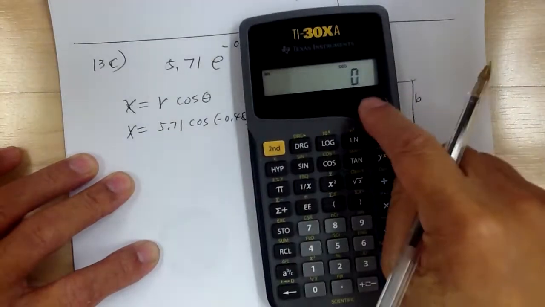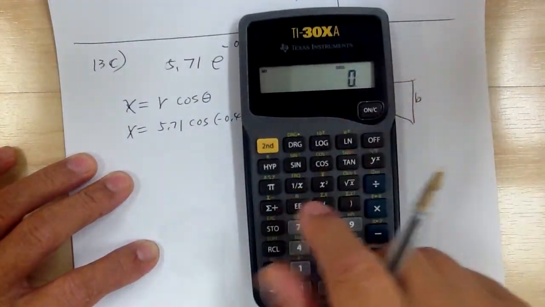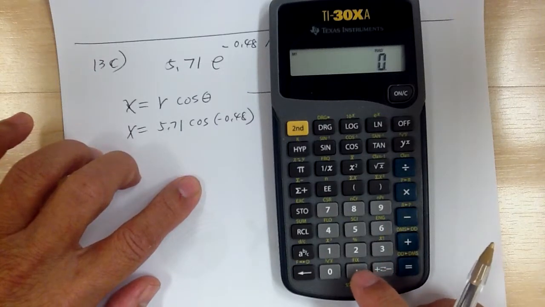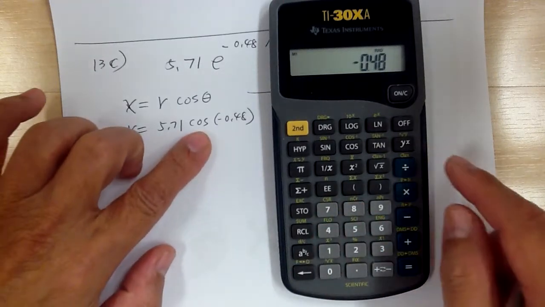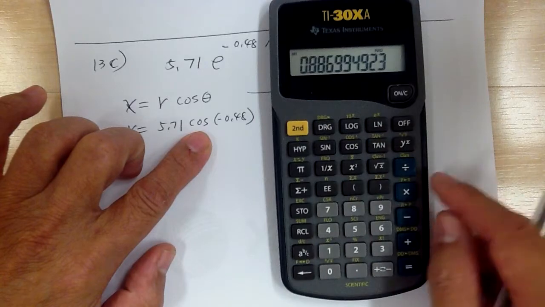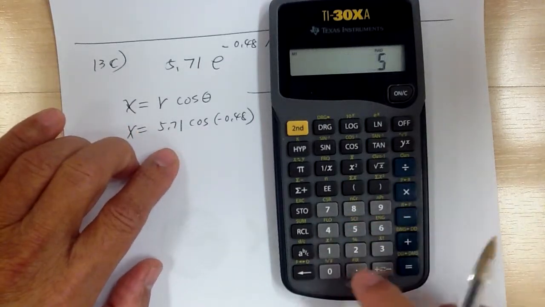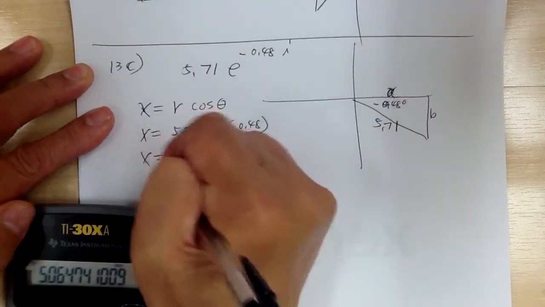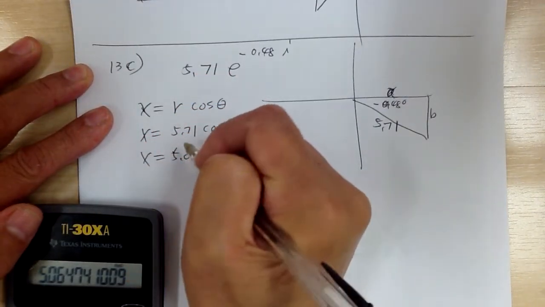When you use the calculator, make sure it's in radian mode. So take cosine of negative 0.48 radian, times 5.71. So the x will equal 5.06.